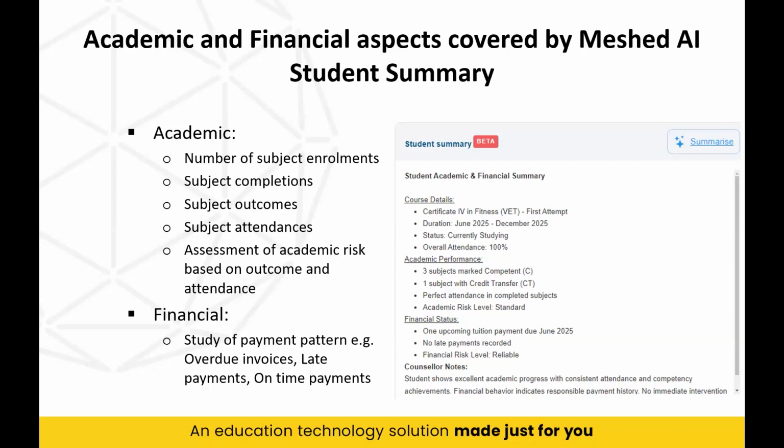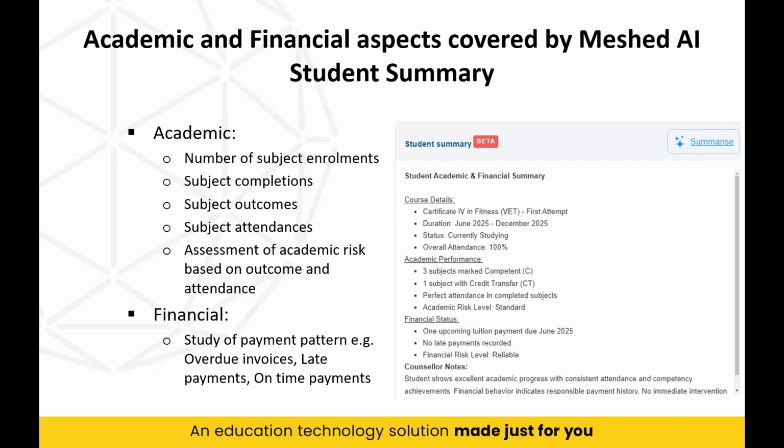And so the overall summary in the academic aspect for this particular student is standard, because first of all, their attendance is perfect, and second of all, their subject outcomes have been competent. And the financial aspects for this example, for instance, it is showing you that there is one upcoming tuition payment that's due.